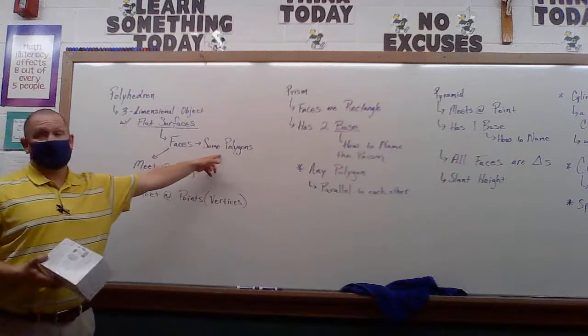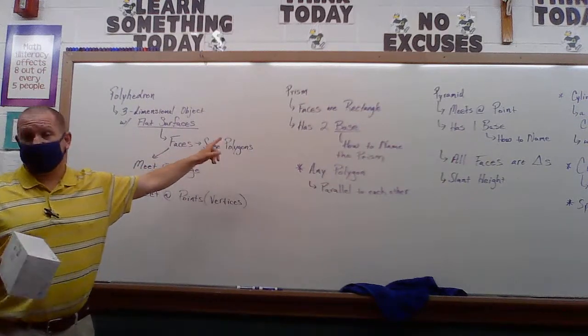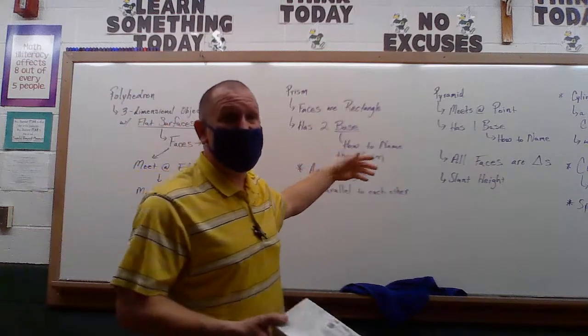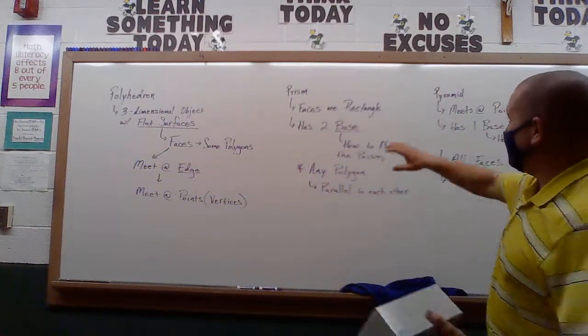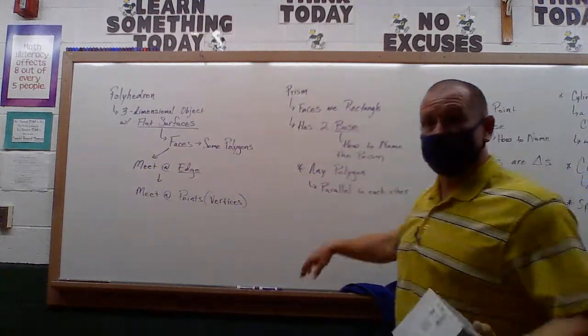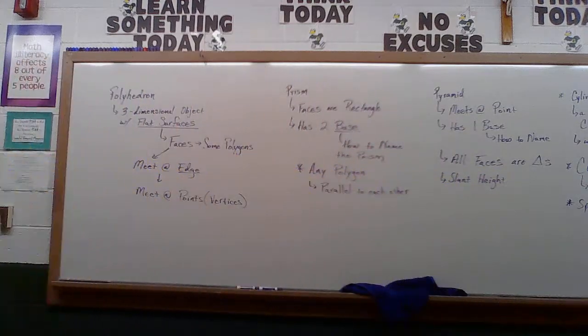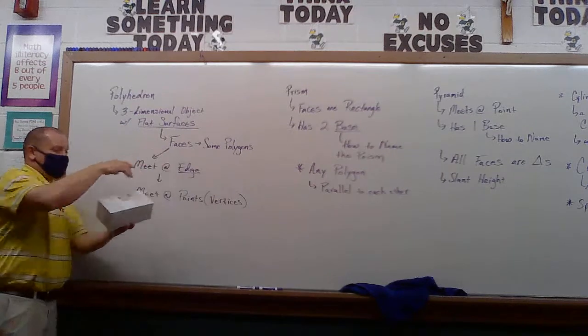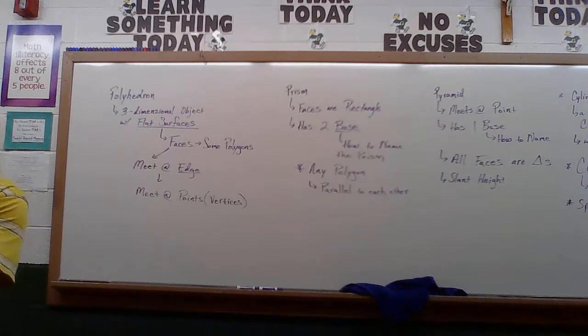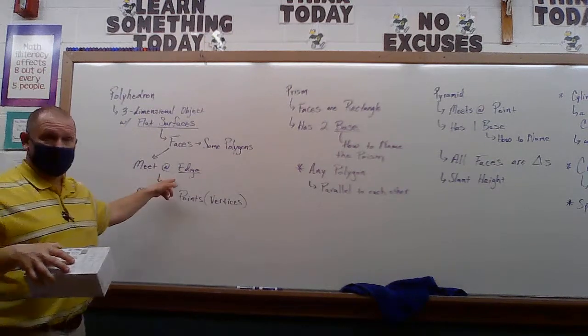The face is going to be some polygon. It can honestly be any polygon that we want, but when we zone in on prisms and pyramids, we're going to specifically have a couple different kinds of polygons. Where those faces meet, so these long straight pieces, where they meet are called edges.